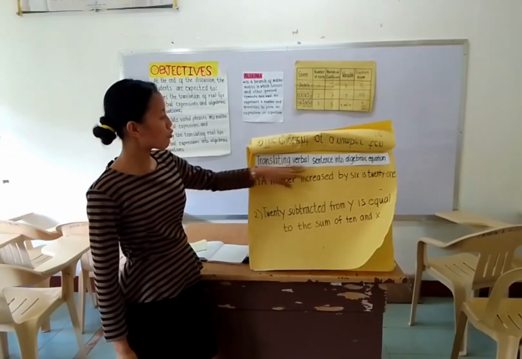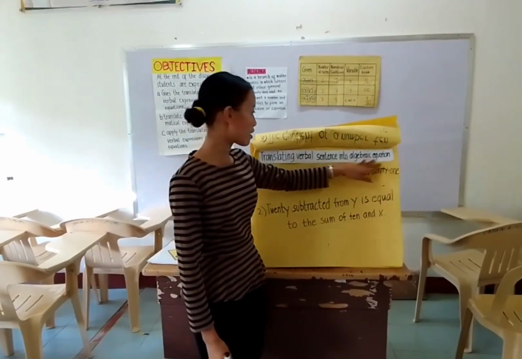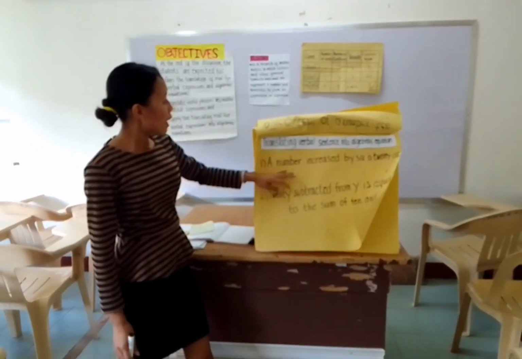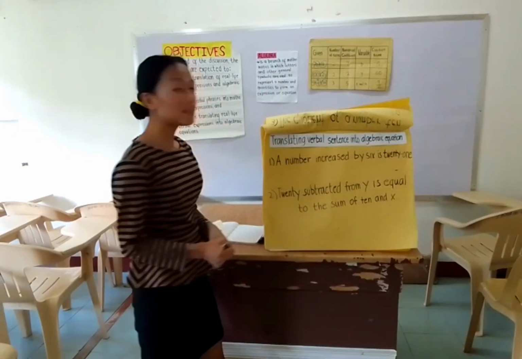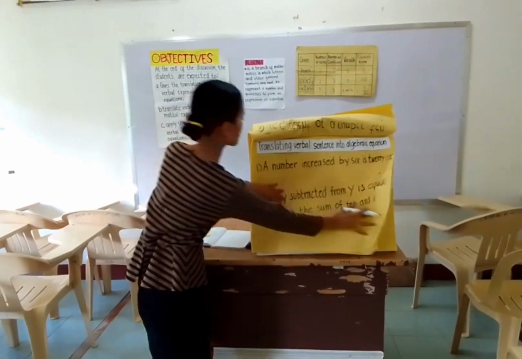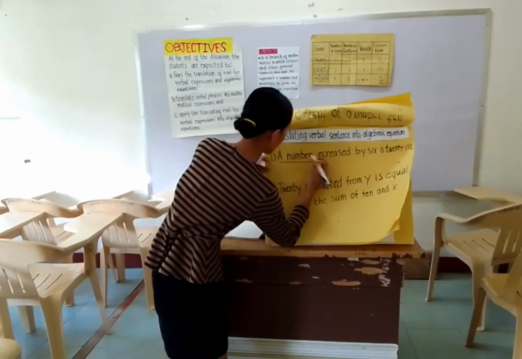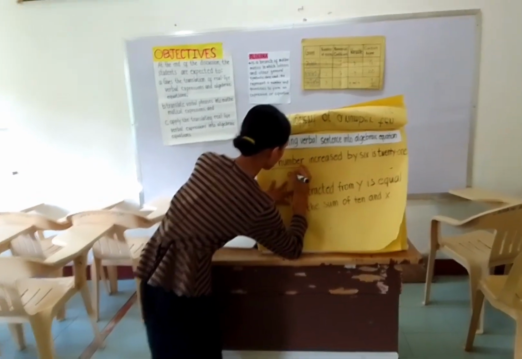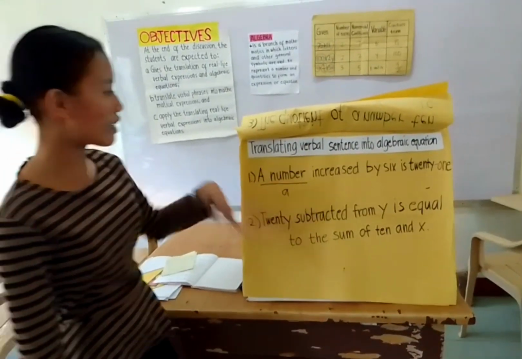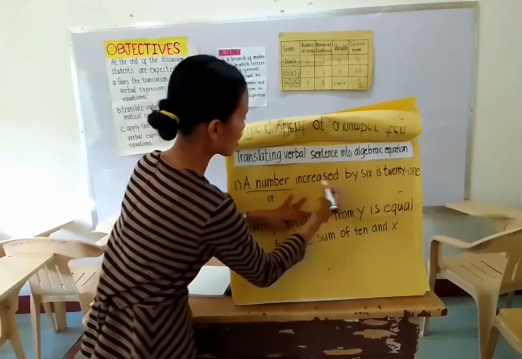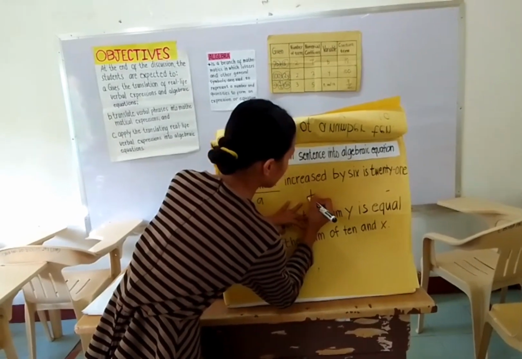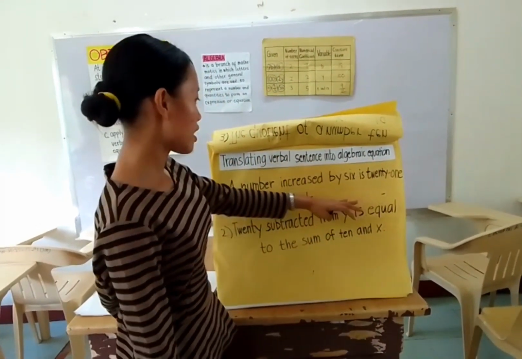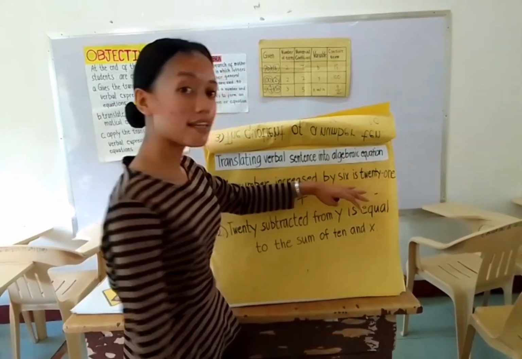Translating verbal sentences into algebraic equations. First, a number increased by 6 is 21. A number is represented as a variable. We are going to write a or any letter of the alphabet. Next, the word increased is represented as addition. Next we are going to write the number 6.